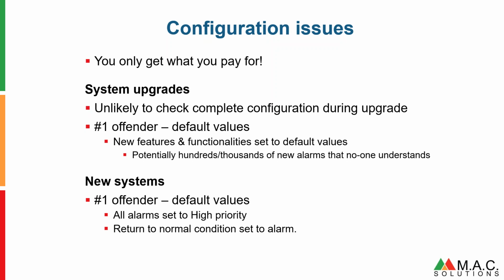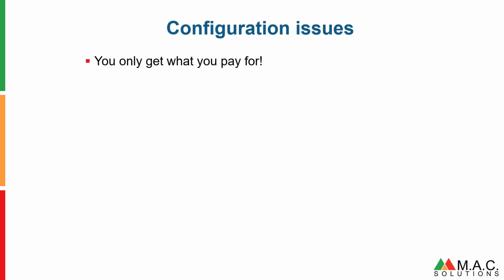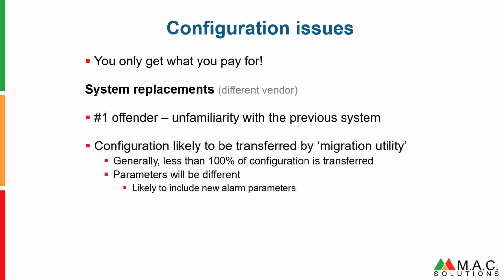I did a benchmark assessment on a particular system from this global vendor, and I was a hero because I cut their alarm rate by 50% not long after I arrived on site, simply by saying, why is the return to normal condition set as an alarm? We took that away. It had been set by default during a system replacement. So easy to do, less easy to sort out. So you only get what you paid for.